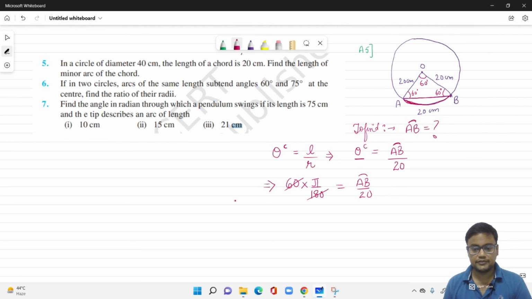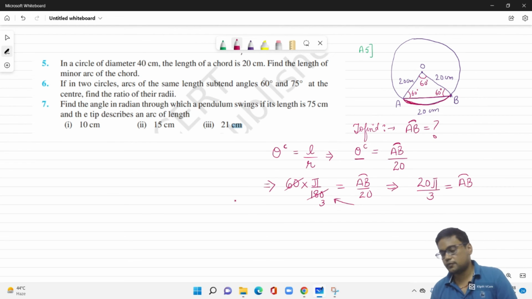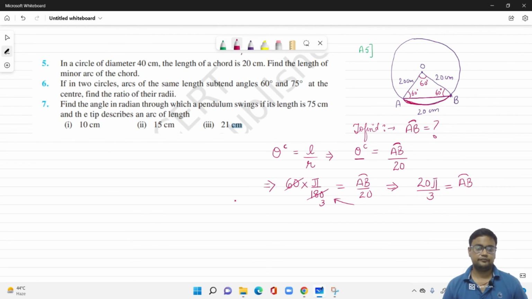So you can see this perfectly cancels out. This 20 goes up due to transposition, cross multiplied to the top. So the length of the arc AB is 20 pi by 3. Unless said, never use pi as 22 by 7. So let this be your final response to this question.